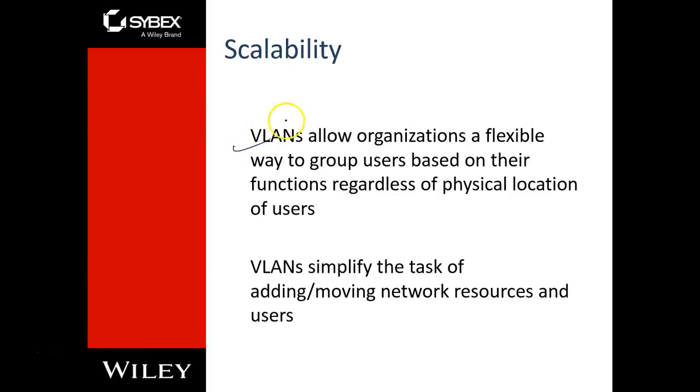Scalability, a flexible way to group your users. One of the really cool things that we can do, and we're going to get to more of these terms, I know I'm throwing some things out. We say this was VLAN 1. We could have users over here on VLAN 1, on a different switch.